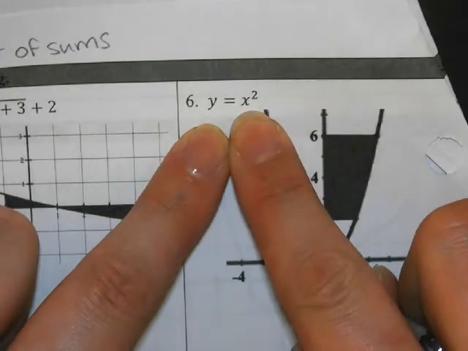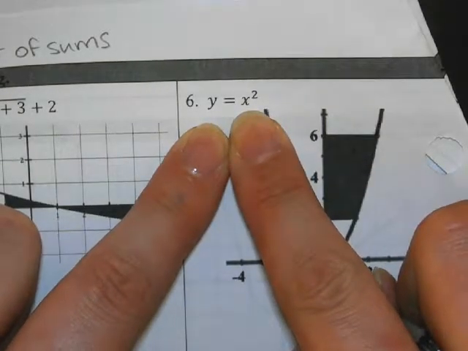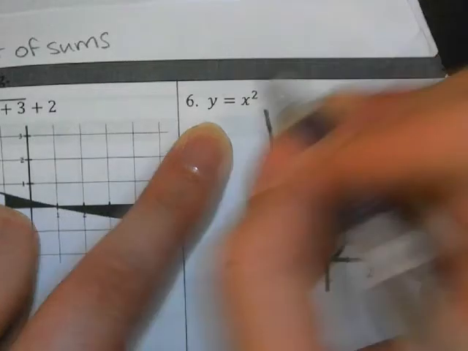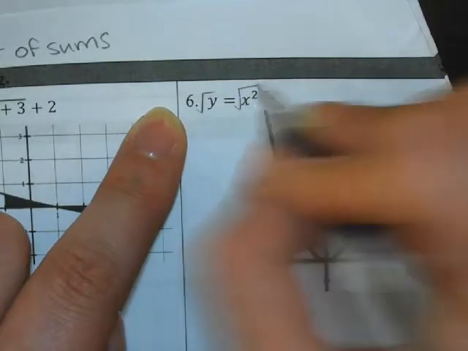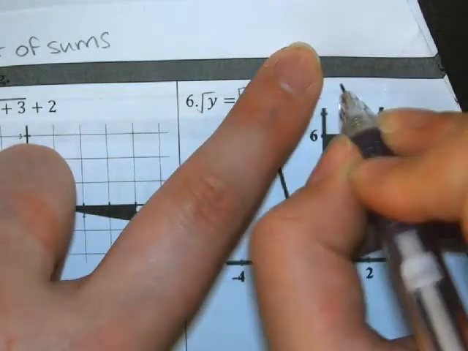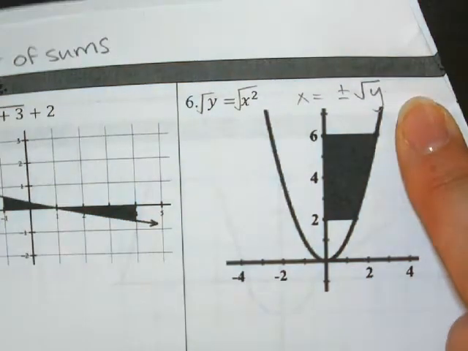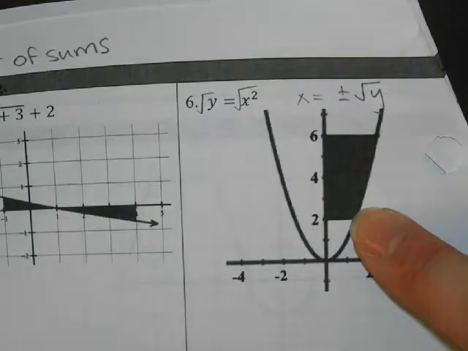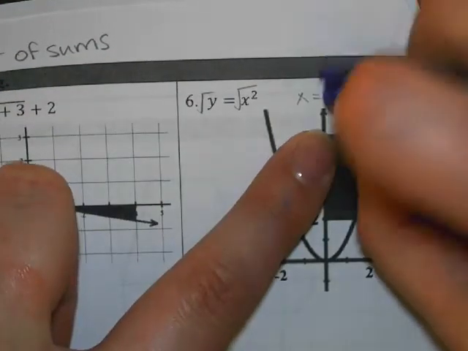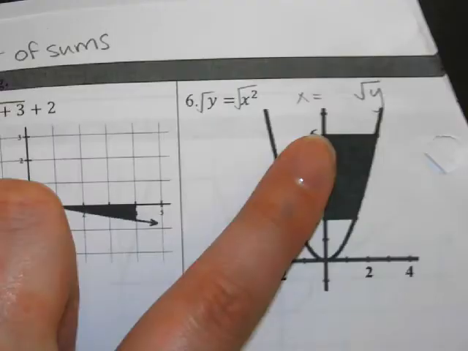So how do I solve for x to make it an x equals equation? Square root it. What do we always put in front of a square root? Plus minus square root of y. The nice thing about this problem is they only use the top half, so you only use plus, which is kind of nice. So we really are just going to use positive y.